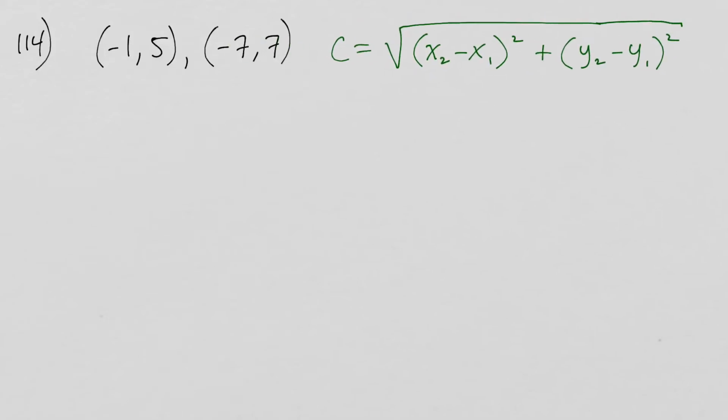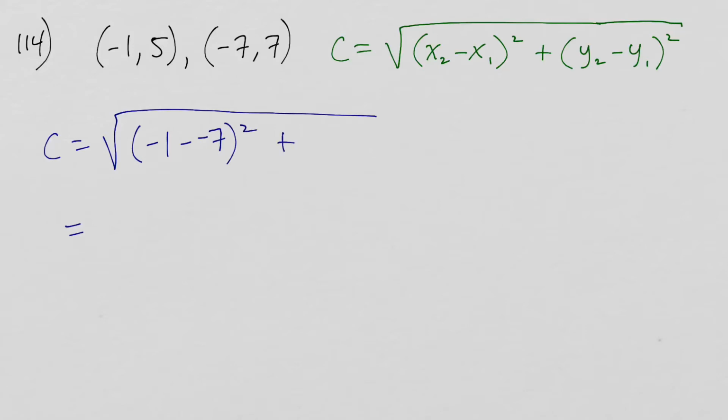Okay, so those are our 2 points. We'll use the formula. There's the formula. And so C is going to be equal to the square root of the difference of the x's. So it makes no difference which way you subtract. -1 minus a -7 is -1 plus 7, which is 6. Okay? And then for the y's, we have 7 minus 5.